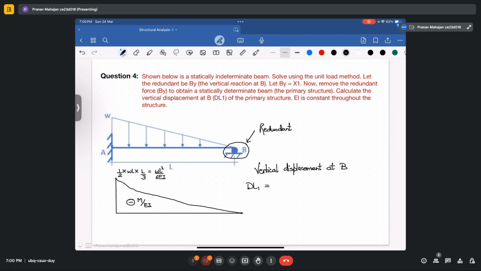That will be equal to 1 by 4 into base L, altitude WL square upon 6EI, multiplied by the centroid, and it is at a distance of L by 5 from B. Okay, so your value comes out to be WL power 4 upon six five 30, 30 into 4, 120, 120 EI.